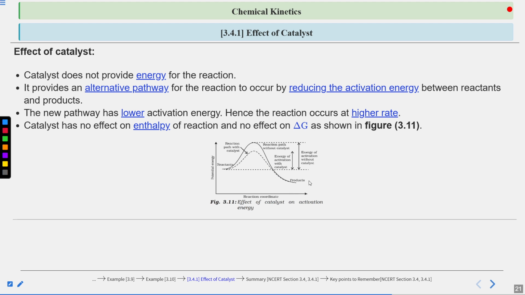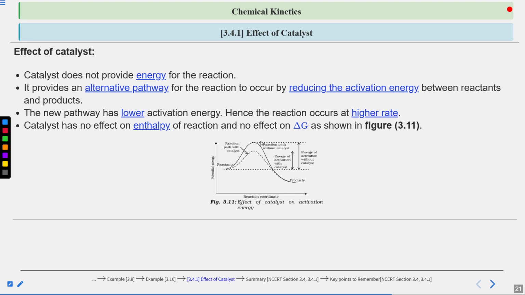The dotted graph shows the reaction path with the catalyst, in which the activation energy decreases and the reaction rate increases. The lined graph is the reaction path without catalyst.